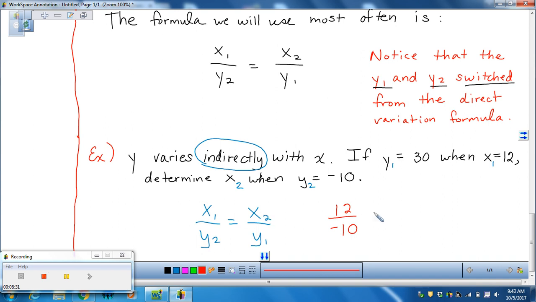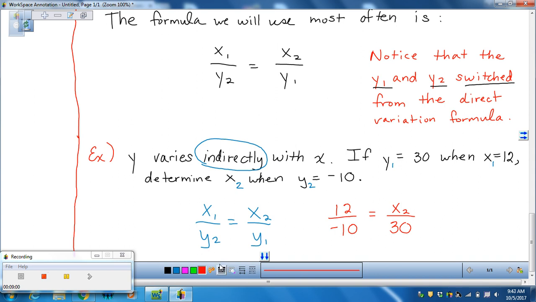Just follow the formula. x2, I don't know, so I'm going to leave x2 in that little blank. And y2 is negative 10. We already put that one. The next thing I'm looking for is y1, which is 30. So again, I'm just plugging each thing in where it goes in the formula. You need to pre-label it so that you can plug them in accurately.